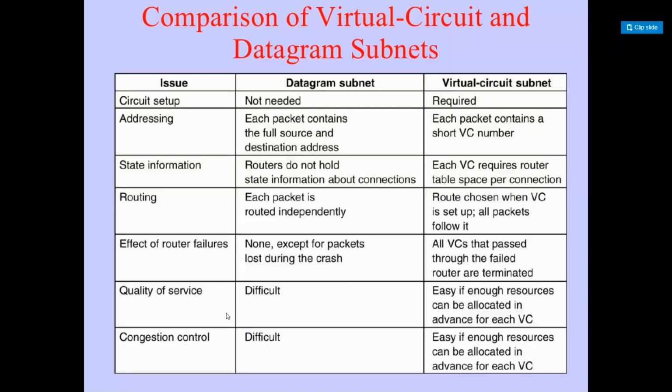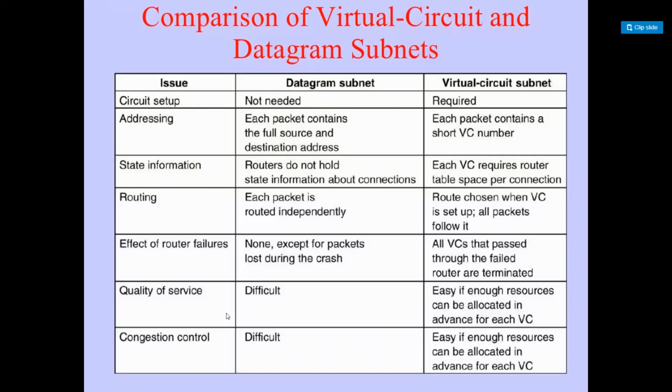Next, state information. In datagram subnet, the routers do not hold any state information about the connections. That means the router does not have any information about source-destination connections. They simply route to the next outgoing line.